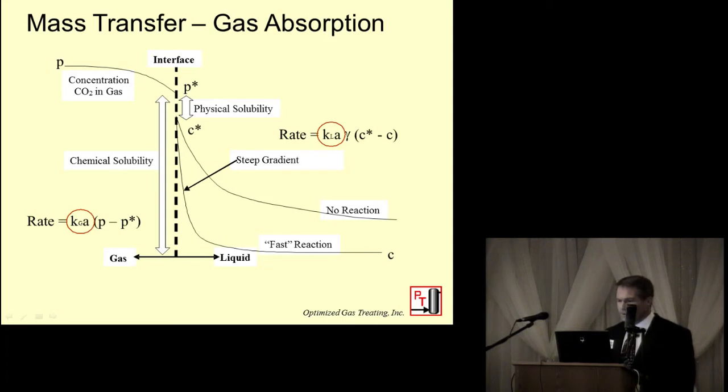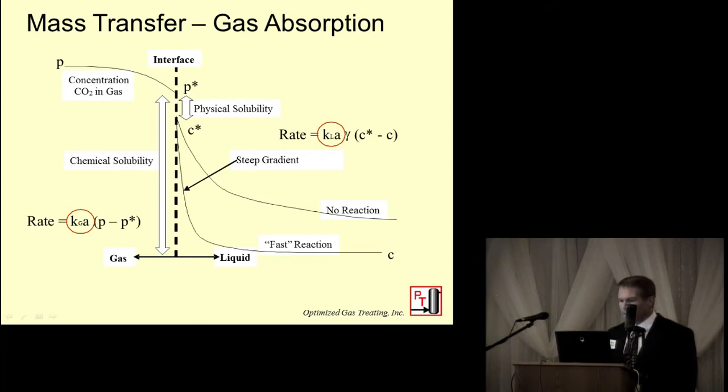In a nutshell, the absorbing gas, if we're talking about CO2 for example, has to diffuse along a concentration gradient in the gas right adjacent to the interface. And this interface layer is kind of thought of as a resistance film, just like in heat transfer where you have a boundary layer.